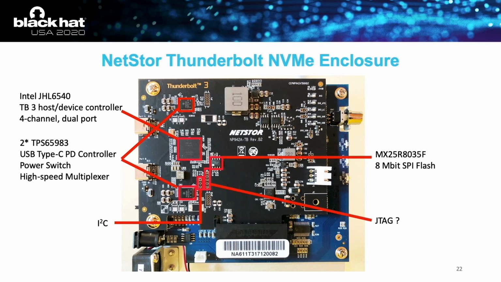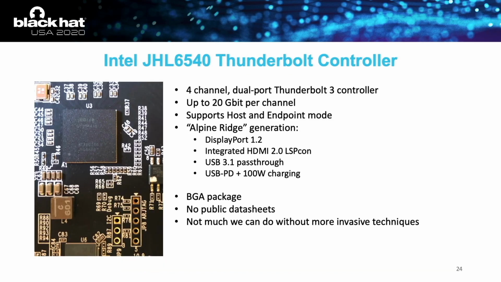And there is an interface which appears to be JTAG, but well, to answer your question, no, it doesn't work, sorry. So the Intel Thunderbolt controller, in this case, is really a special model because it supports running in both host and endpoint mode.